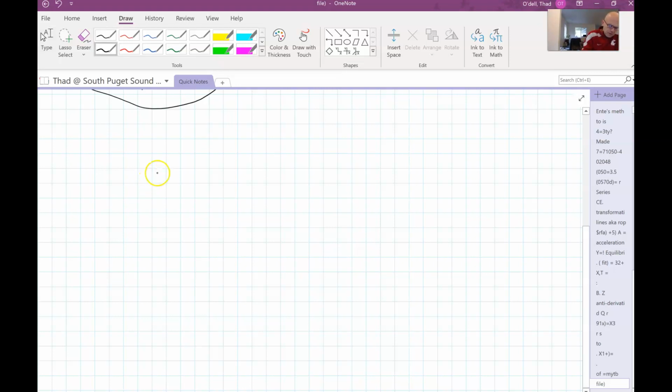For example, let's say we have 4 sine squared x is equal to 2. Okay? And by the way, I can't remember if we've shown this notation before. Yeah, I think we have.